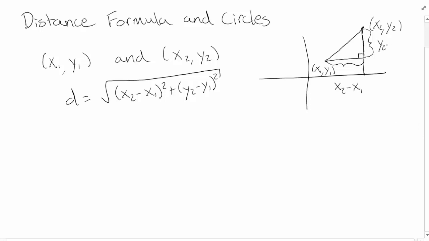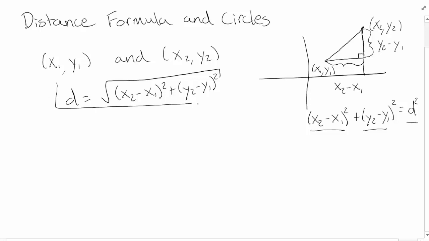So y2 minus y1 is there, which tells me in the end (x2 minus x1) squared plus (y2 minus y1) squared gives me my distance squared. So this is that a squared plus b squared is equal to c squared. If I take the square root of both sides, that gives me in the end what the distance formula is.